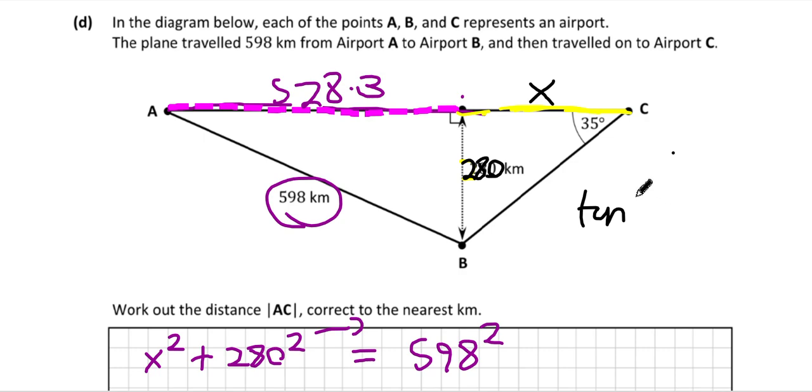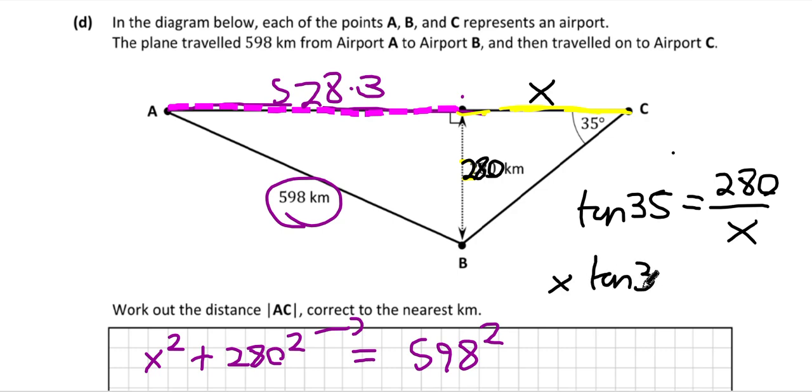I'm going to use tan, because tan works with opposite and adjacent. What I'm going to do next is, x is division on the left, which makes it... Oh, it's division on the right, which makes it multiplication on the left. The tan 35 is multiplication on the left, which makes it what? Division on the right. Okay? So 280 divided by tan 35.